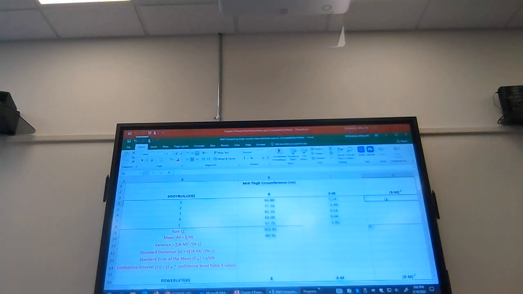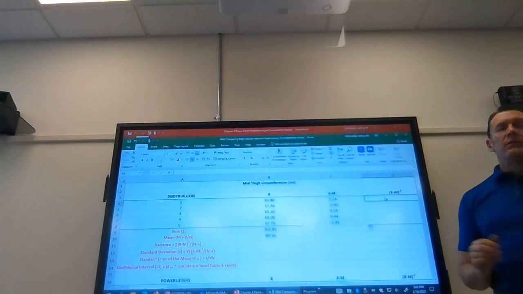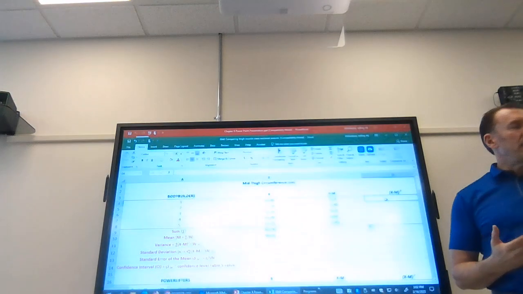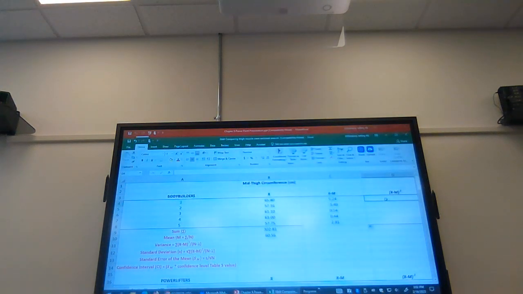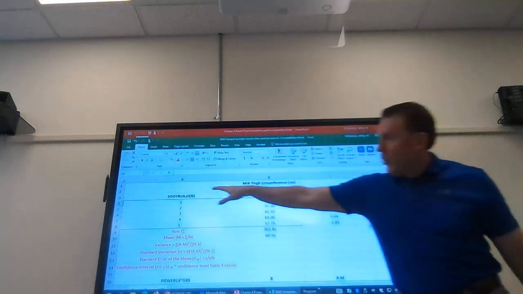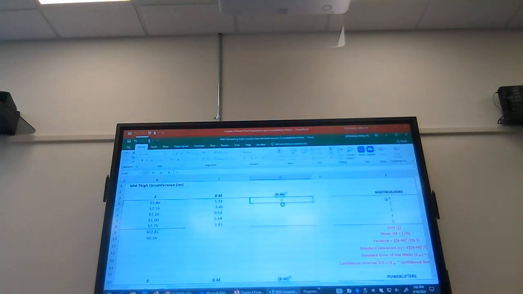So what I need to do is take the square of each of these deviations, and we'll take the average to get the variance. To do that, first thing, you'd want to put your cursor in D4, and you would start like we start everything else with the equals. And then you just click on the cell that you want to take the square of.